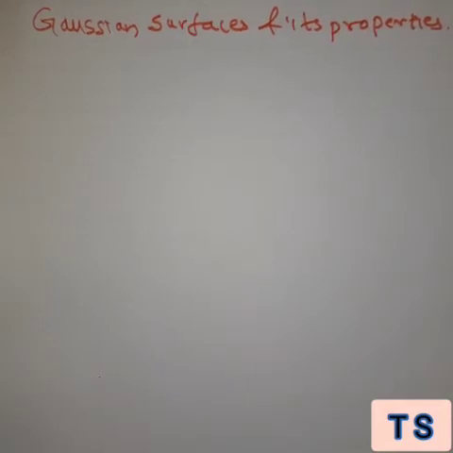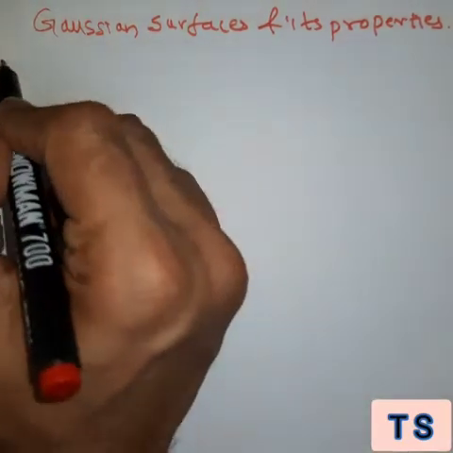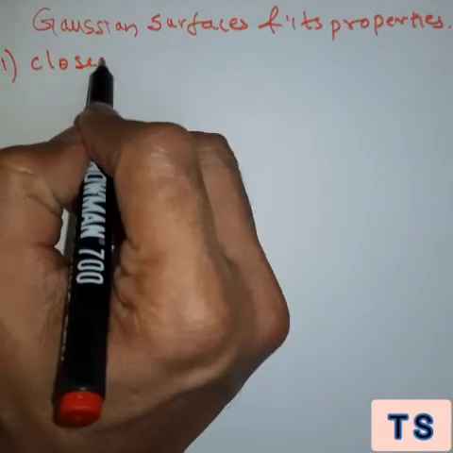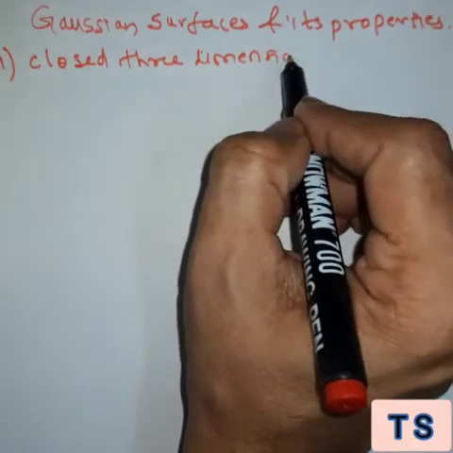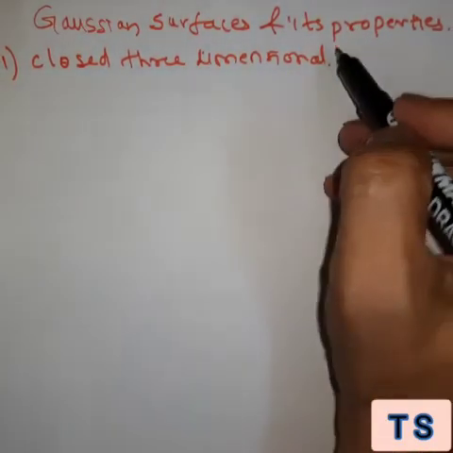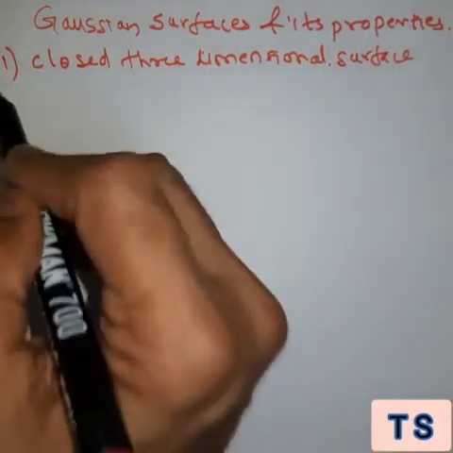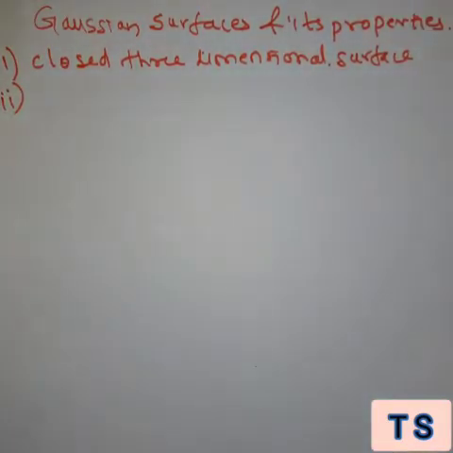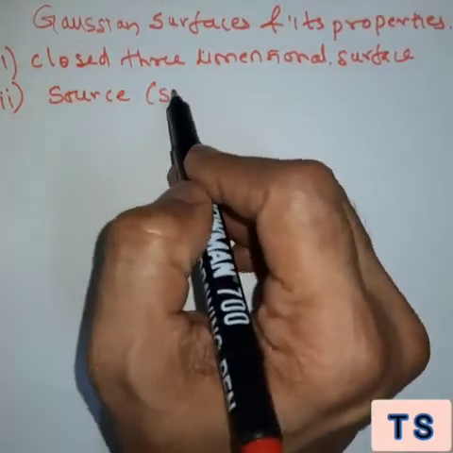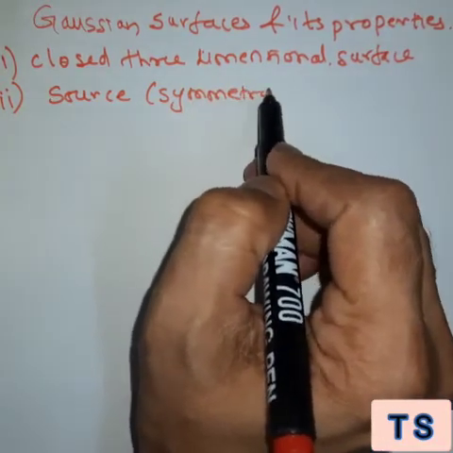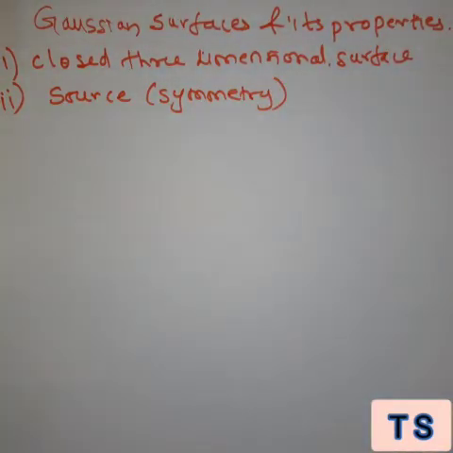The first one is that it should be a closed three-dimensional surface or a body. Second, it should be symmetric around the source, whatever the source you have, such a geometrical object which we take should be symmetric with respect to it.